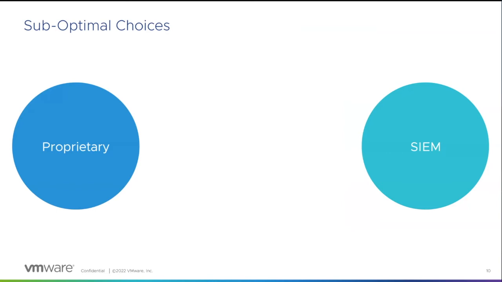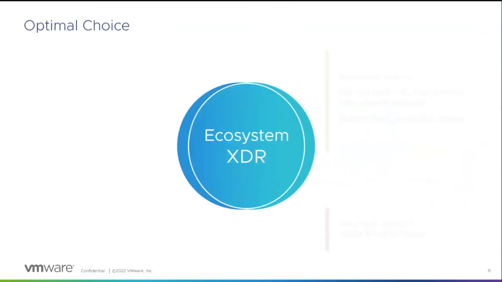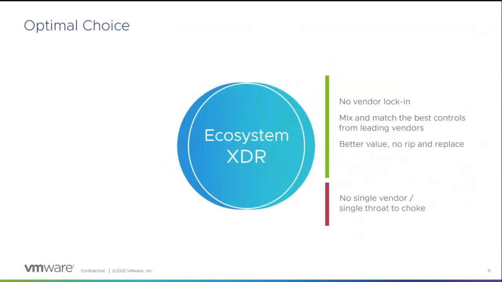VMware's approach, we're trying to marry the best of these together, and we're calling it ecosystem XDR. Now, no vendor lock-in. It will allow organizations to mix and match the best controls from leading vendors, and as a result, provides better value with no need to do any broad rip and replace across your environment.